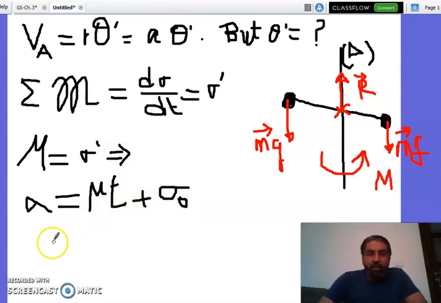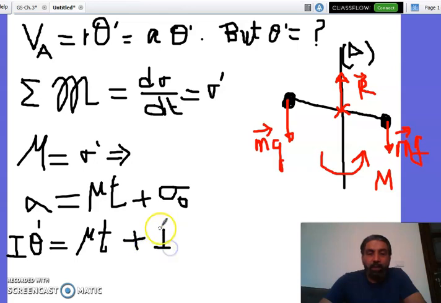Everything is given. Now M is given here, 0.08. I prefer to save time. Let me do this in order to save time. You know that sigma is what? I theta prime. Why did I do this? Because I want theta prime. Remember, I want theta prime. So I theta prime is equal to the moment, which is 0.08, and also time is given, plus I theta prime initial.